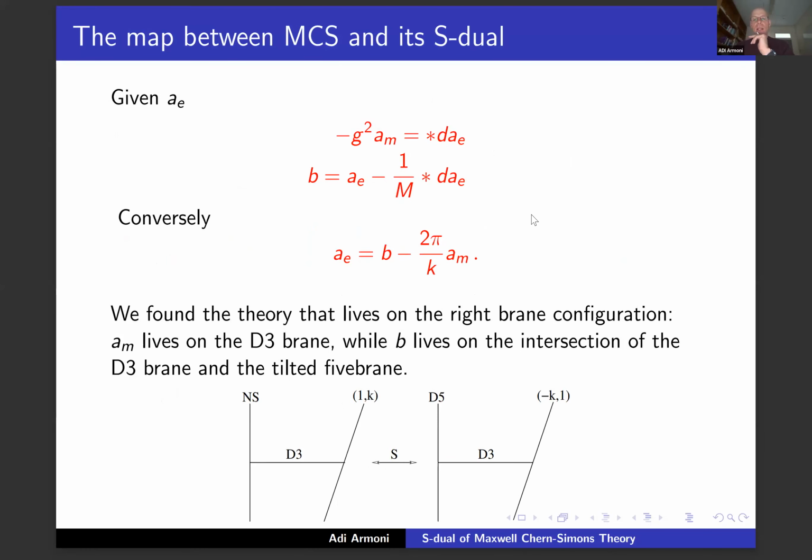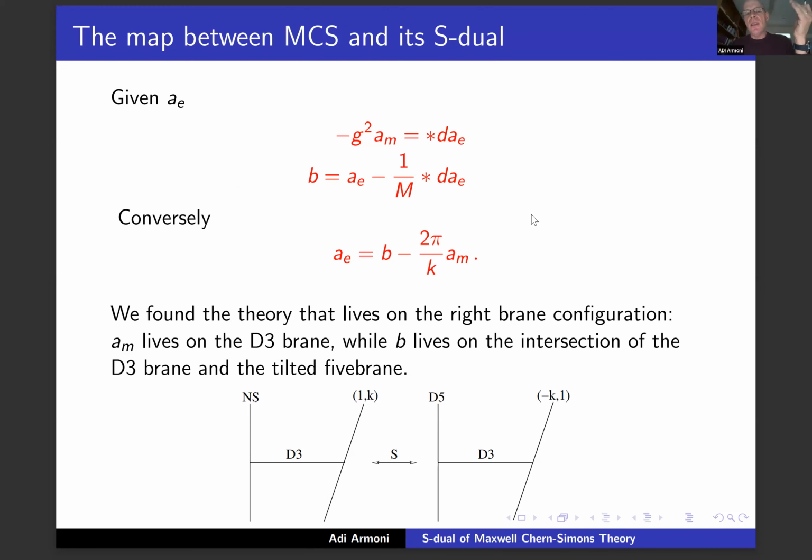Right. Let me write the explicit map between the two theories. Using the equations of motion for the master field, I can essentially write the dictionary. What is the relation between the magnetic and the electric variables?